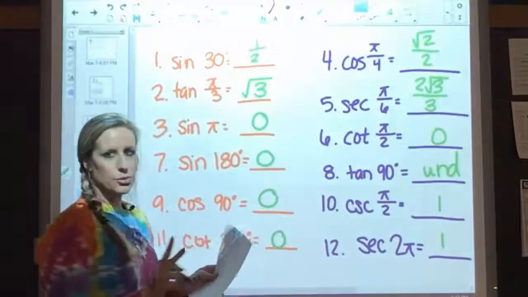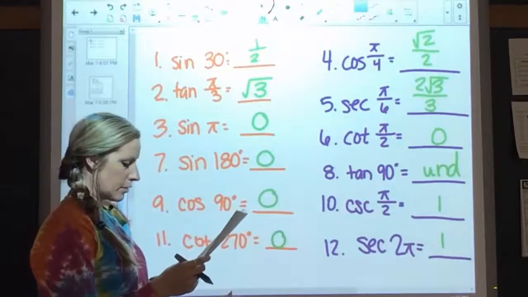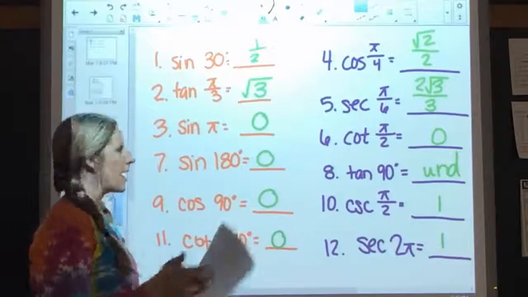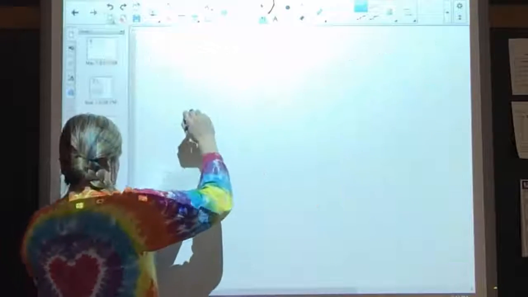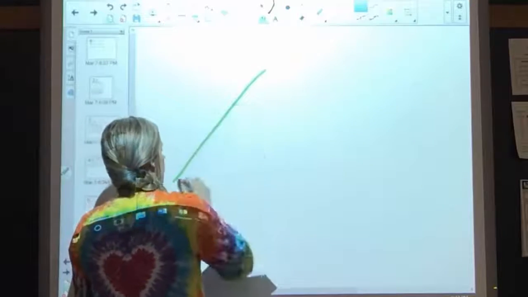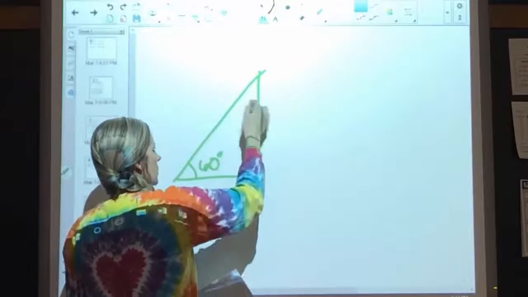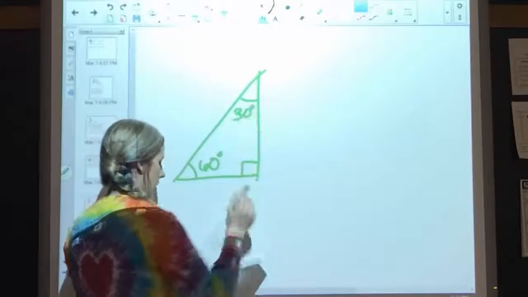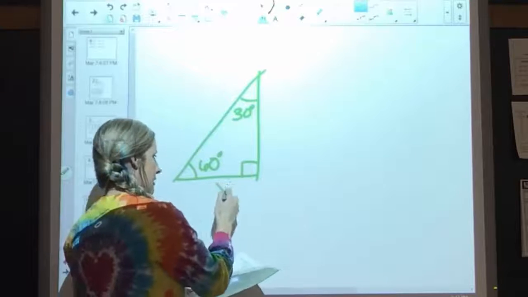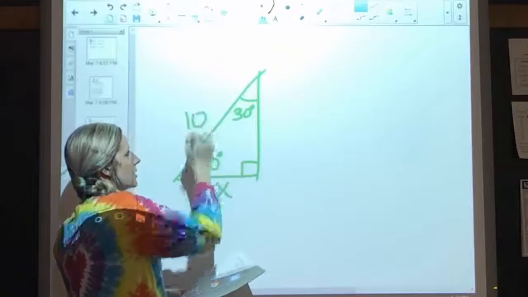Okay, the last 2 problems, it wants you to solve for x or y, whatever the variable is. So 13, we have a triangle that has a 60-degree angle. So the other one's going to be 30, right? We want to figure out what x is if our hypotenuse is 10.